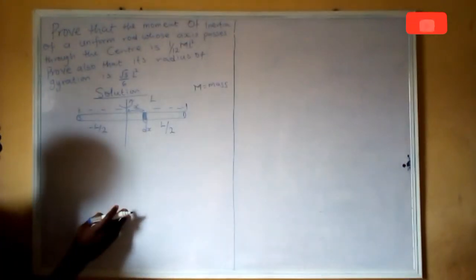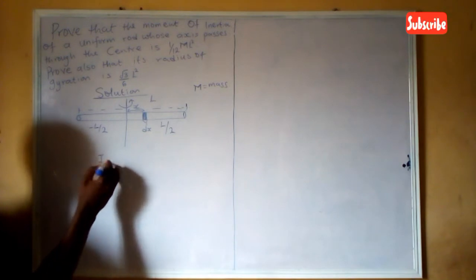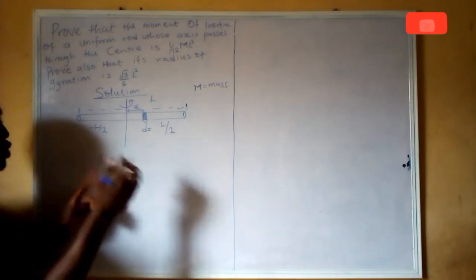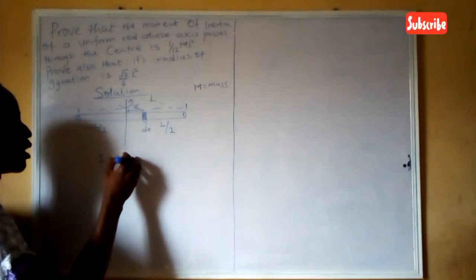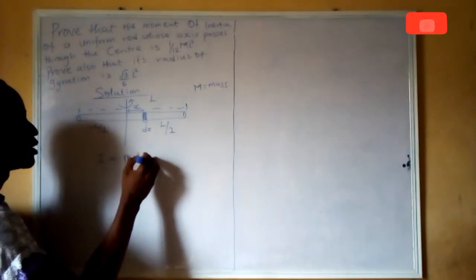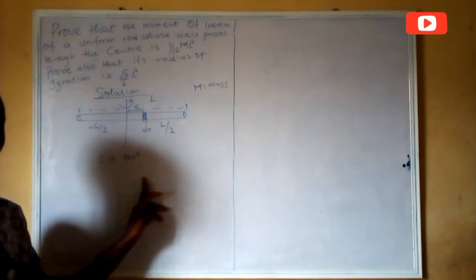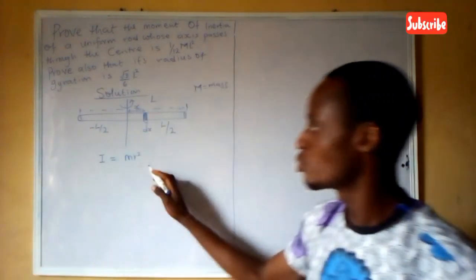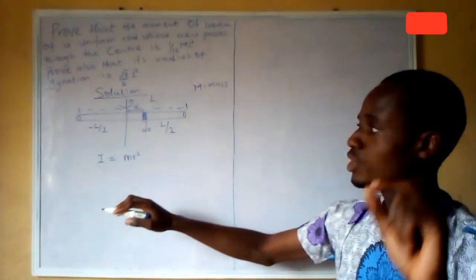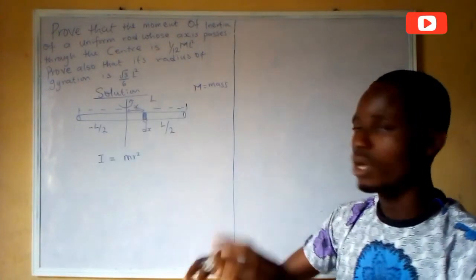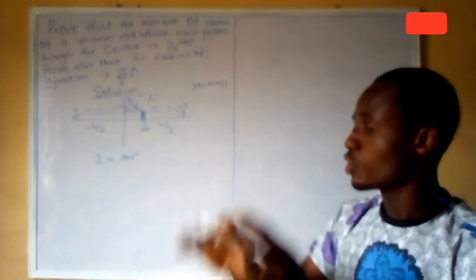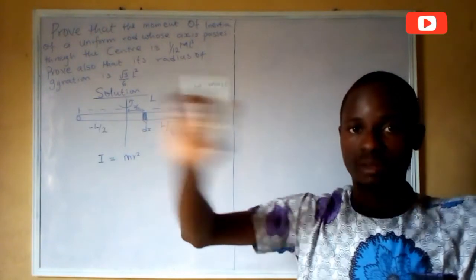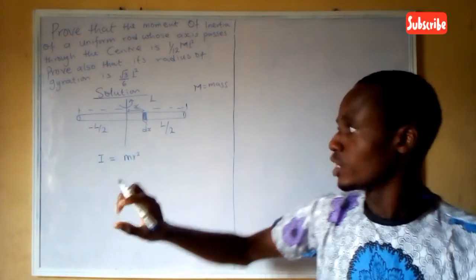So now how do we proceed in proving this? We all know that the moment of inertia of a unit particle is equal to mr squared, that's the mass times the radius squared. That is the moment of inertia of a unit particle. But considering the rod, how are we going to sum up all the particles so that we get the moment of inertia for the whole rod?